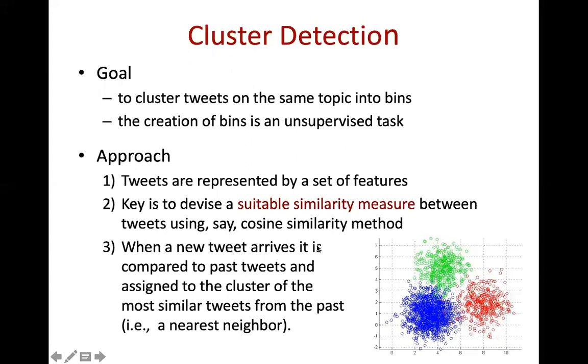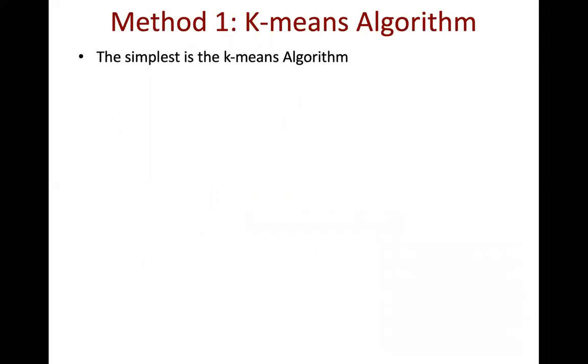You can approach this by using one of the clustering algorithms we discussed in the previous lectures. To do so, you can represent your tweets by a set of features. We can define some similarity measure, let's say cosine similarity. When a new tweet arrives, you can cluster it into one of the existing clusters, so that if too many tweets get clustered into the same cluster, then probably this cluster represents some event.